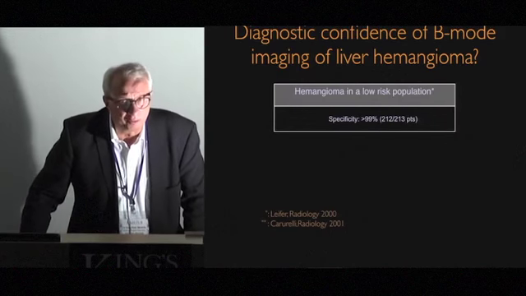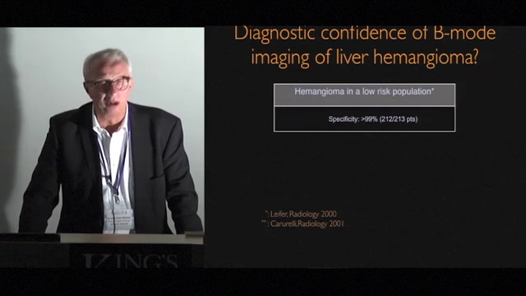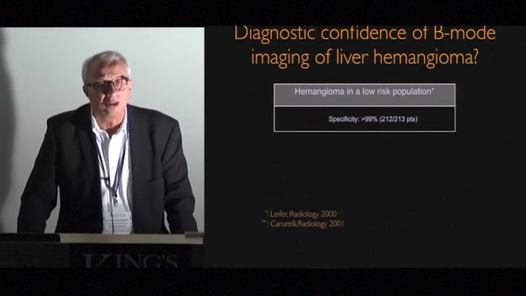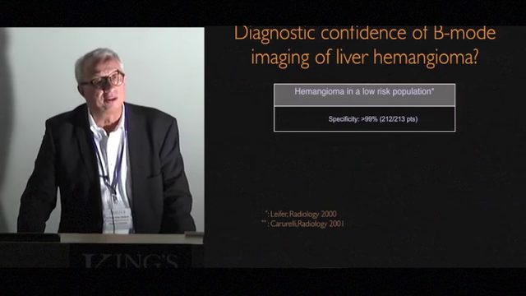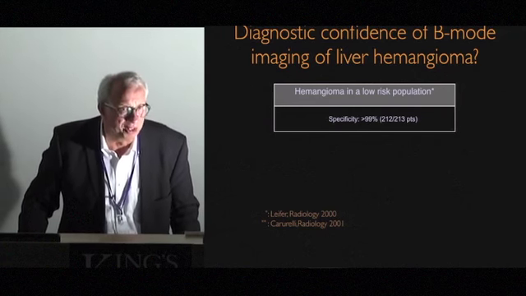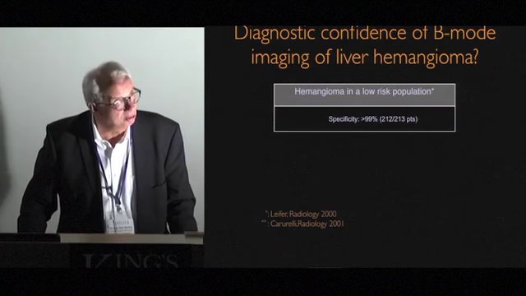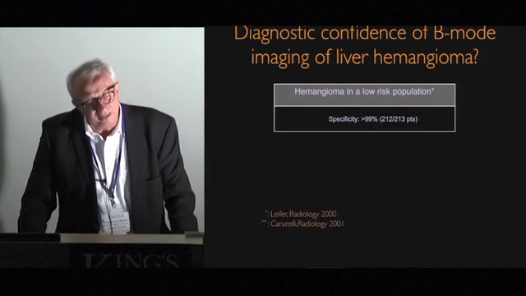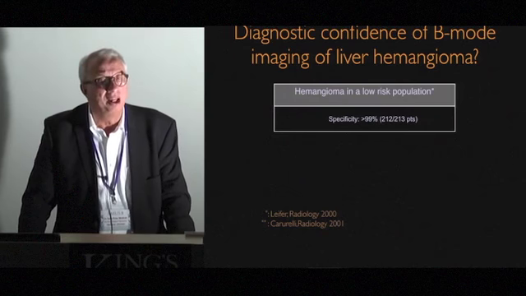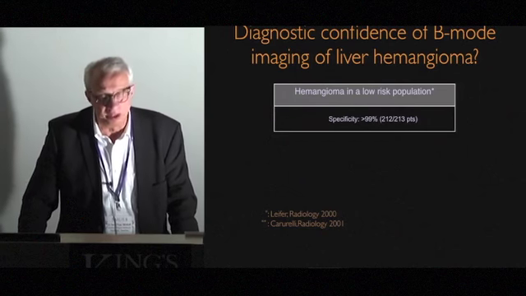What is the diagnostic confidence of B-mode imaging of liver hemangiomas? When I started to do contrast on hemangiomas, very well-known colleagues in ultrasound came to me and said, come on, you're joking. You do not need contrast for hemangiomas. This is such an easy diagnosis. And they are correct, but only if you look at patients who have a very low risk for a malignant disease.